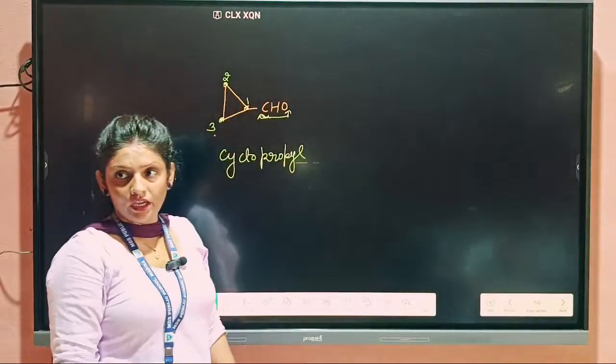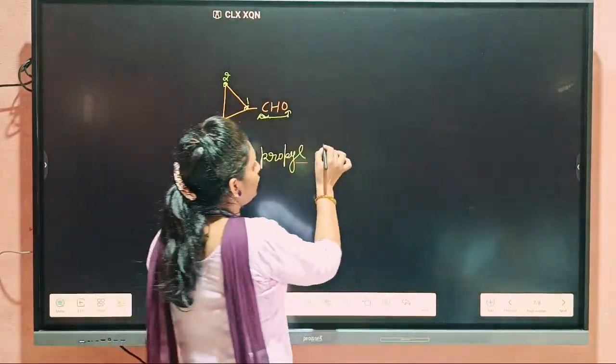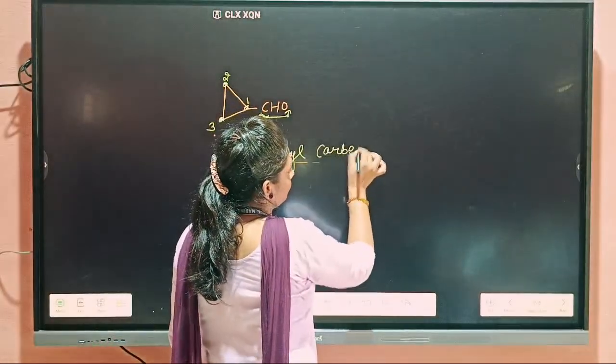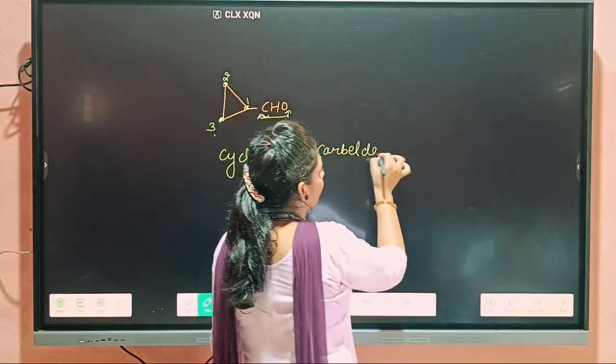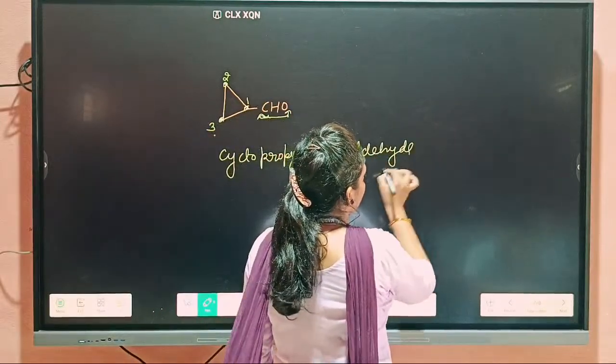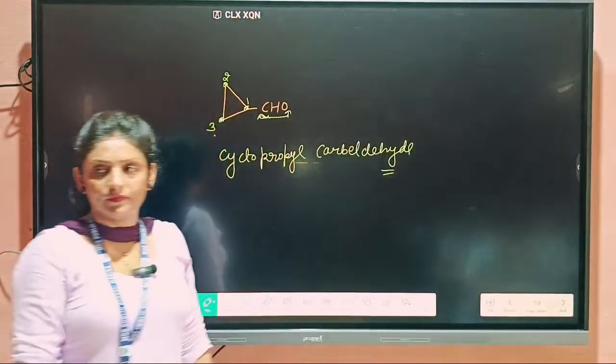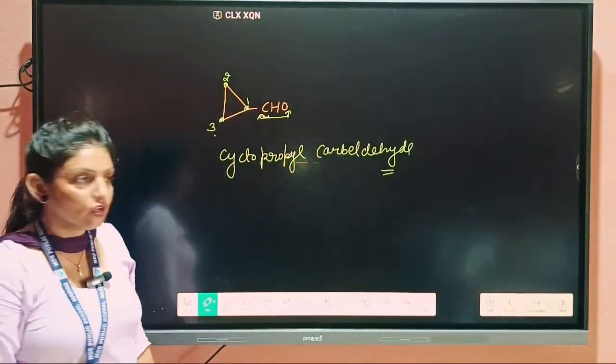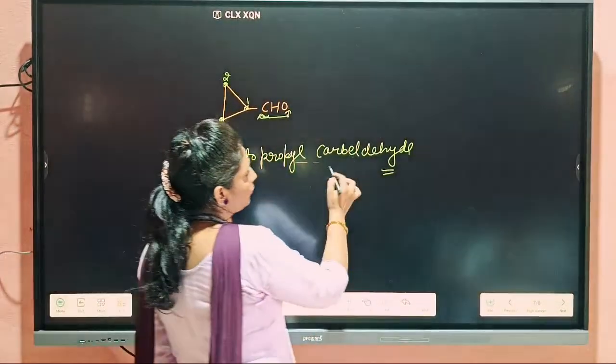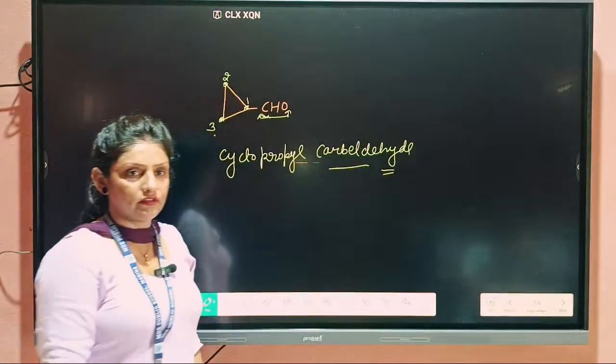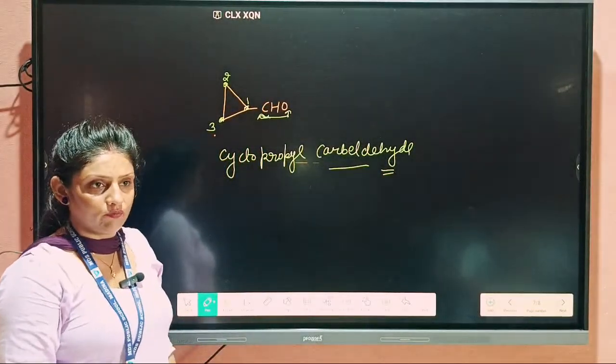Cyclopropyl. Okay. Then you will write carbaldehyde. For the CHO group you can write carbaldehyde. Clear to you or not? So you will write in this way, cyclopropyl carbaldehyde. In this way you can give the name.